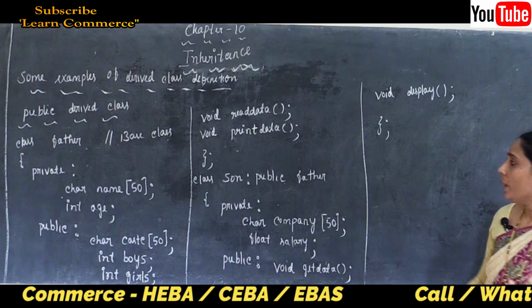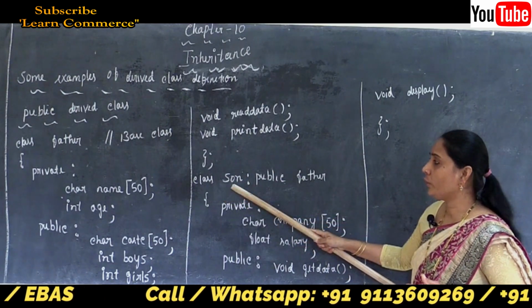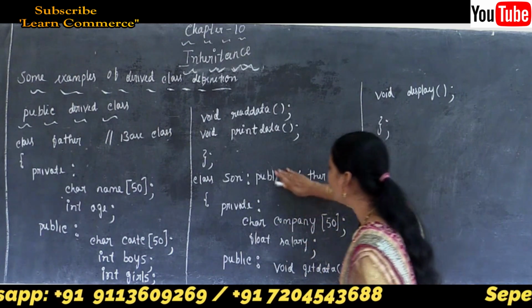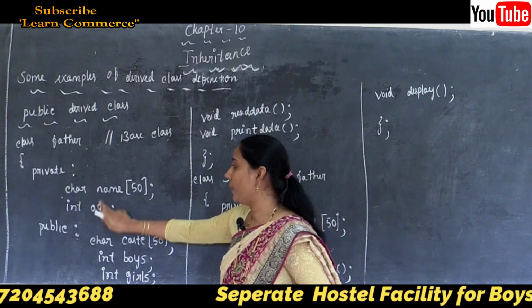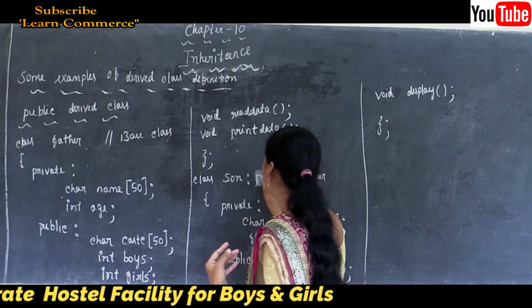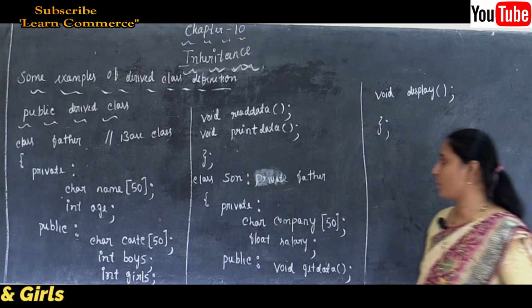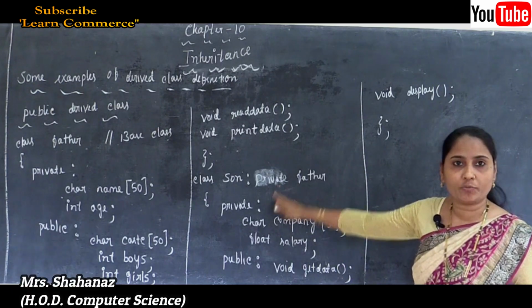So all are there, but while writing class son, I want to access from the private side. That means what data are there in the private side? Name and age. Clear this point here? Just those are going to be accessed by the derived class. So we are going to write it from the private. That means I want to access the data from the private side of the base class.